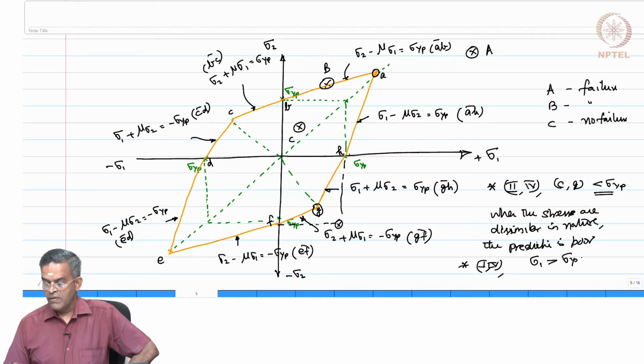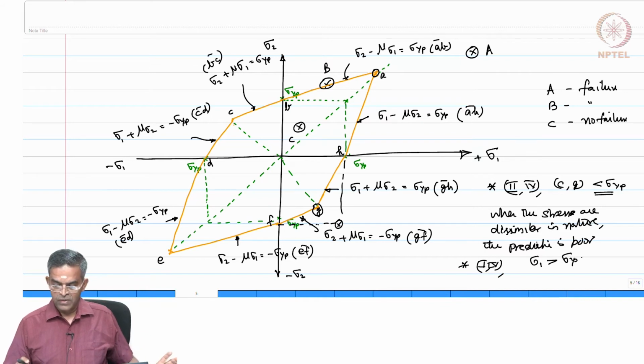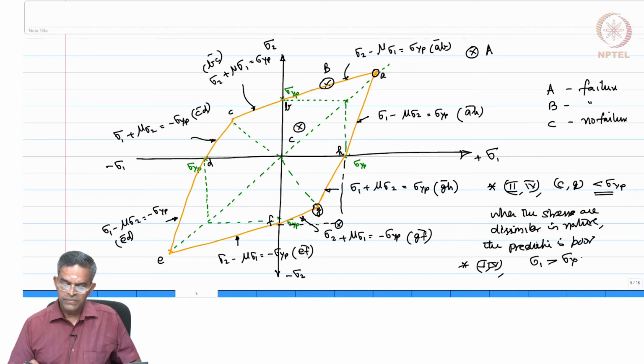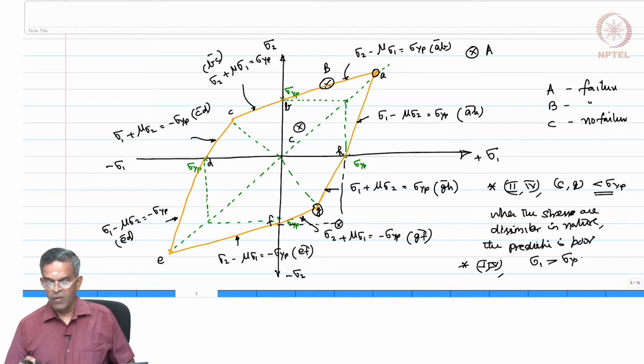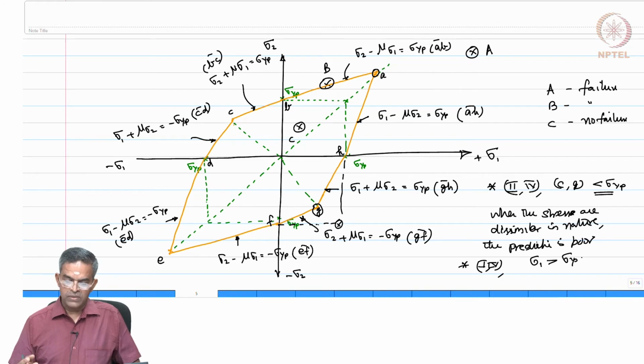Whereas, when sigma yp is reached, yielding should initiate in the material. So, one can see very well here that this theory has a lot of controversies. In a biaxial stress state, when the principal stresses are same in nature or different in nature, that is represented in all the 4 quadrants as you see in the figure on the screen.